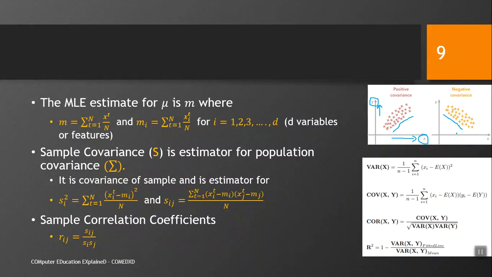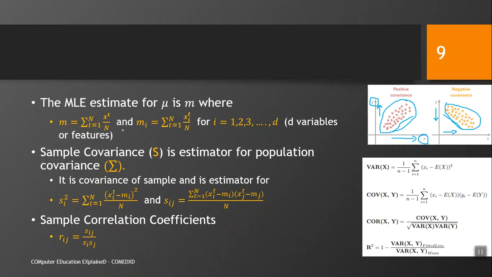However, here as the value of x increases, the value of y decreases, but the values are still interrelated with each other. So there is a relationship, there is covariance, right? And this picture gives you a clear idea about the covariance.